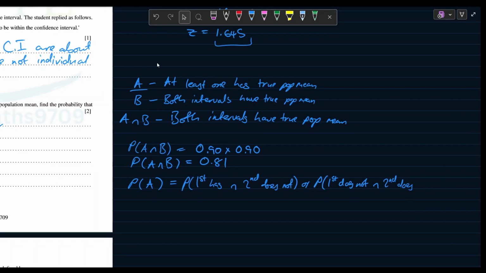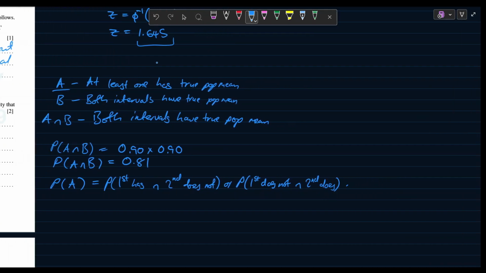Or the final scenario being both of them have, the probability that both have. Okay, so this is one way of thinking about it, and then we can just substitute in.